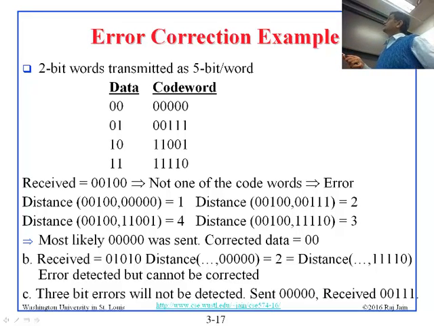And this one, we will find that it has a distance of 1 from 0, 0, 0, 0, 0, all zeros. It has a distance of 2 from 0, 0, 1, 1, 1. Can you see that? Right? And distance of 4 and 3. So most likely, these things would not have happened. This was the thing that you sent: 0, 0, 0, 0, 0. Most likely.